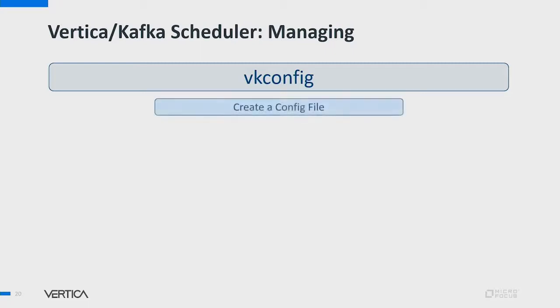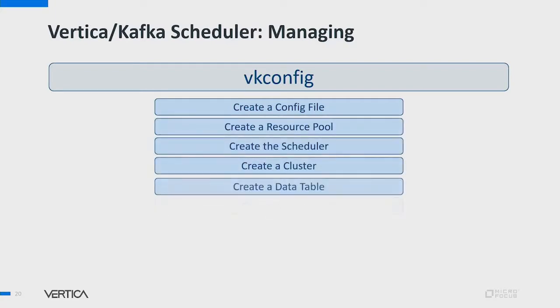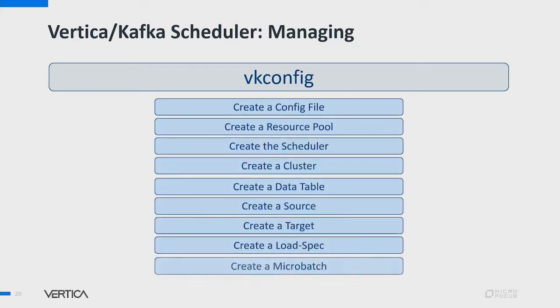So these are the steps we need to take to define a scheduler. Some of these steps can be performed in a different order, some are optional, and some can even be reused across schedulers. But if we are setting up a scheduler for the very first time, this is the typical order that we take.